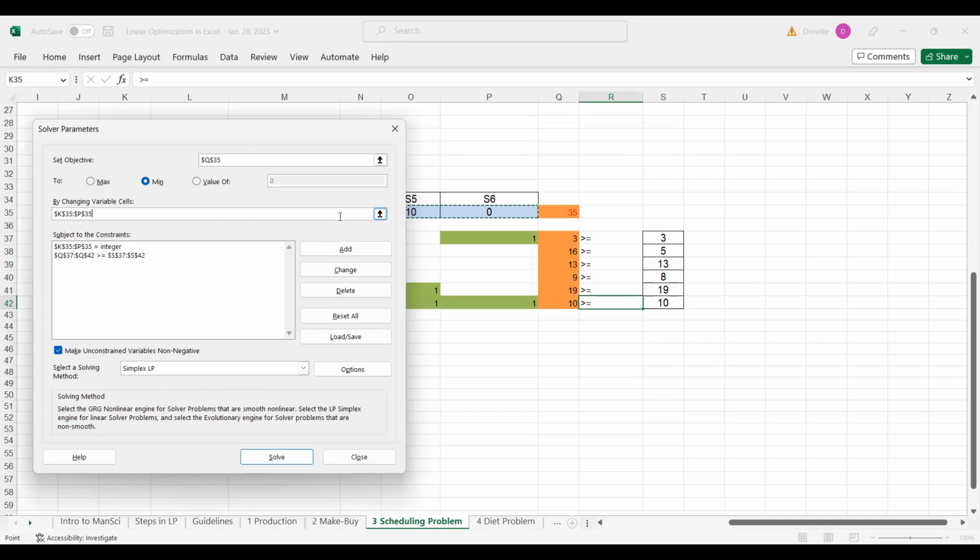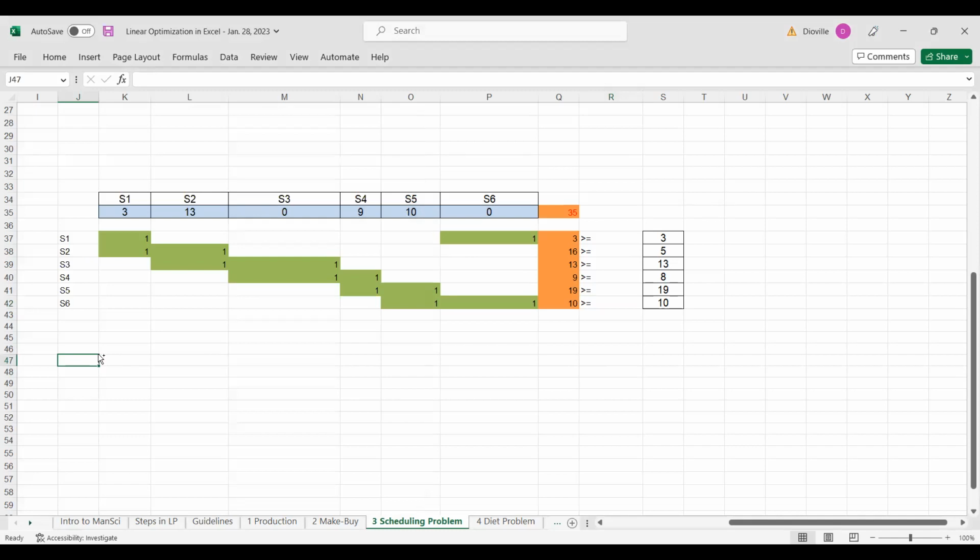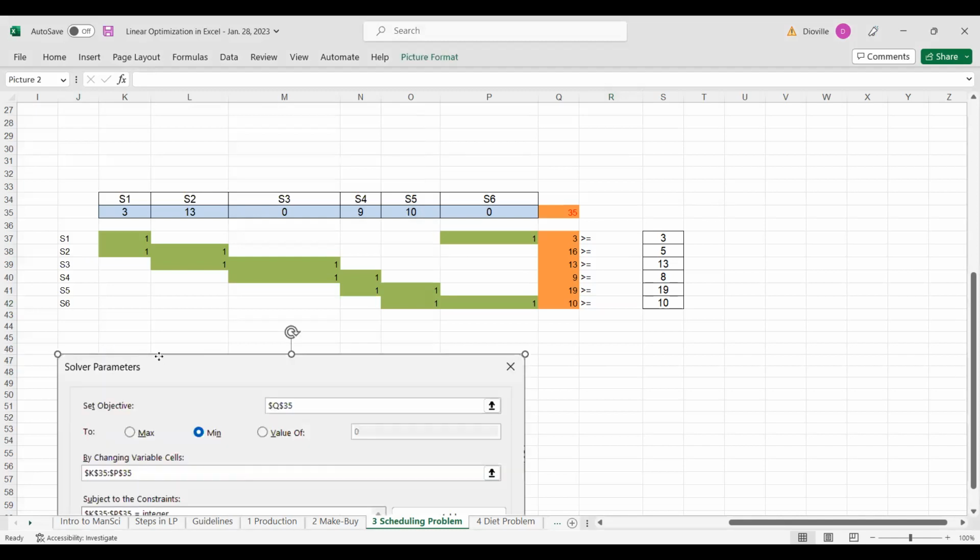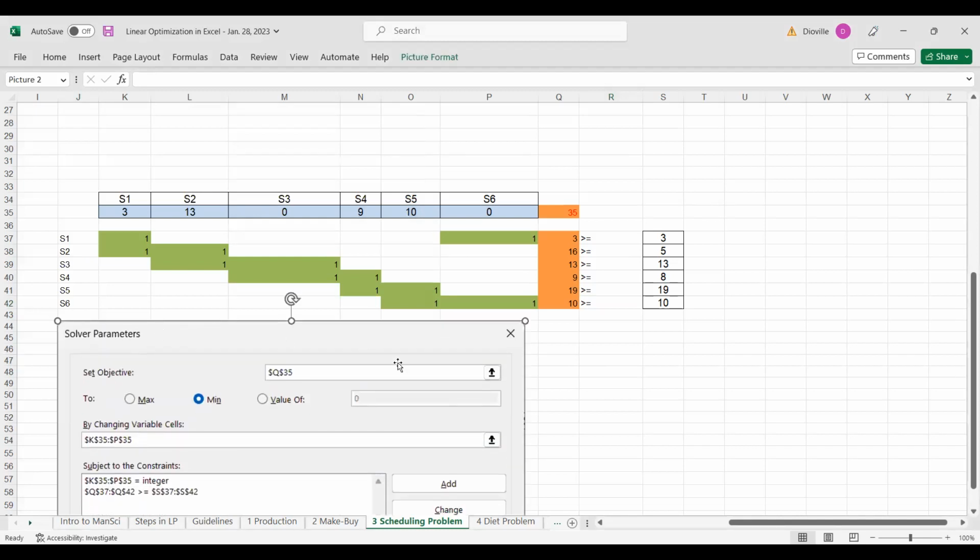What I want here is for you to print this. Control, print screen. Okay, and then close it, and then Control V. So when you submit your work, class, I want to see this.